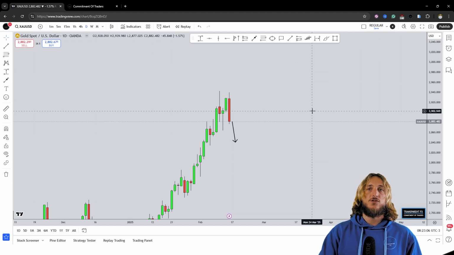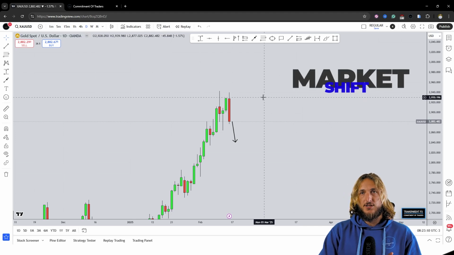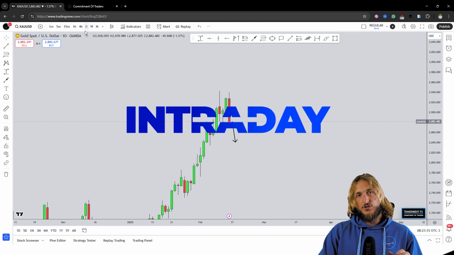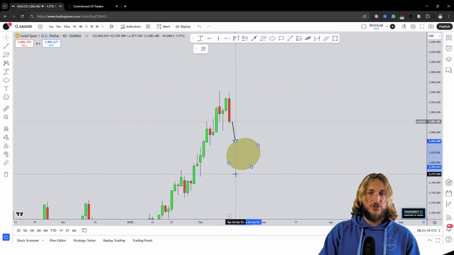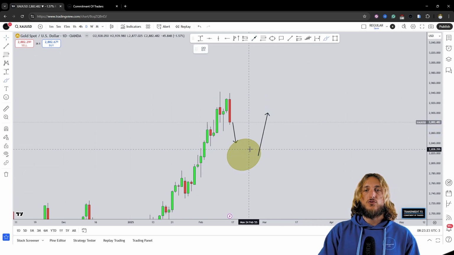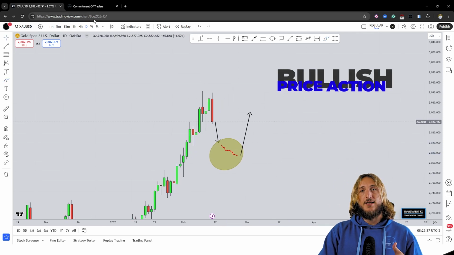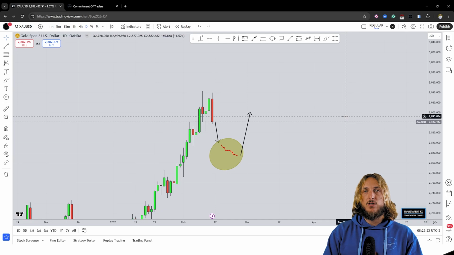However, when it comes to the identification of early shifts in the trend of a market, the best timeframes for that are the intraday timeframes, so 4 hour and lower. Therefore, if the market here would shift from an intraday bearish to bullish market, I wouldn't be surprised to see a potential rejection to the upside for the market to resume the monthly uptrend that we have previously identified. That definitely wouldn't surprise me.